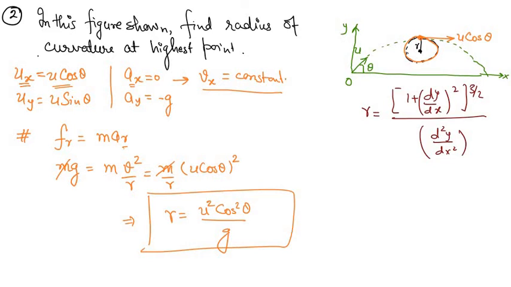It was a very simple problem because I had asked you to find the radius of curvature at the highest point. So what will be the radius of curvature at any point in this motion? At any given instant, let's say if you are at a certain point x and a certain point y, what will be the radius of curvature at that point?